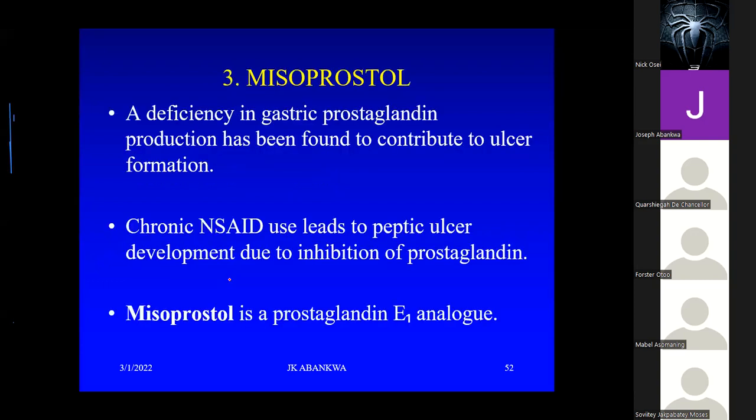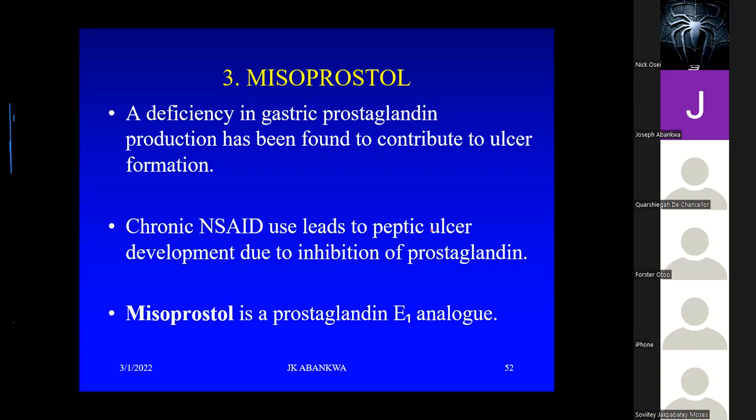Now we move on to misoprostol. Misoprostol, like I said, is a prostaglandin analog. When you use NSAIDs too much, it can cause peptic ulcer because you block the COX-1 and COX-2 enzymes. Therefore, you can't produce prostaglandin E1, which produces mucus.